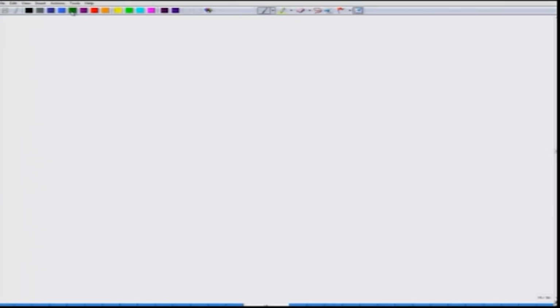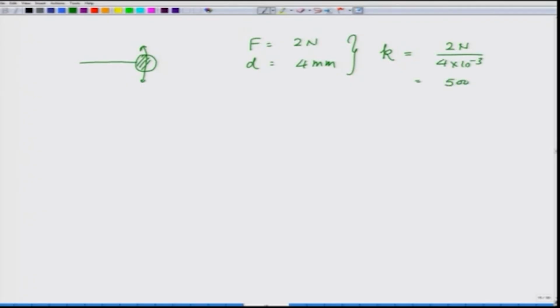So, what is happening is that if I consider each of this ball, this can go up and down like this, and what you are given is, if I apply a force of 2 newtons, it deflects by 4 millimeters, and that immediately gives me that the stiffness coefficient k is nothing but 2 Newton divided by 4 times 10 raised to minus 3, and that is 500 Newton per meter.